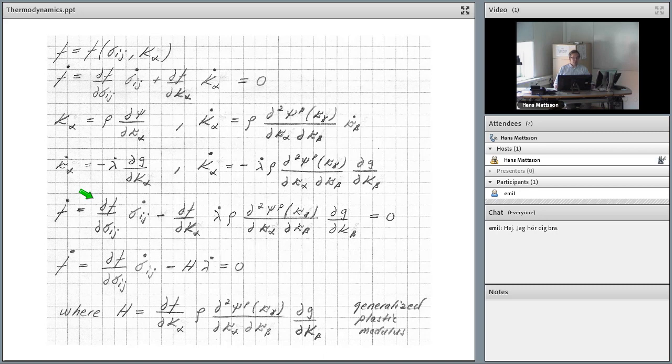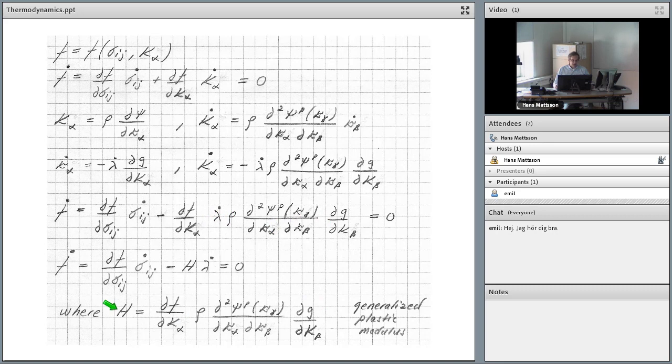And then we can make a substitution for everything that stands together with the plastic multiplier here, which we call H. So it's just substitution, and we see that H will be this, the terms together with lambda dot.